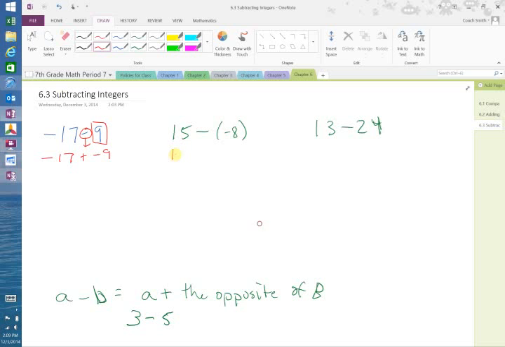So this is the same. Change our subtraction to addition. Do the opposite of negative 8, which is positive 8. We'll deal with the actual finishing out here in a second. So this is the one that might be a little bit more difficult for you. Change the next one, 13 minus 24.